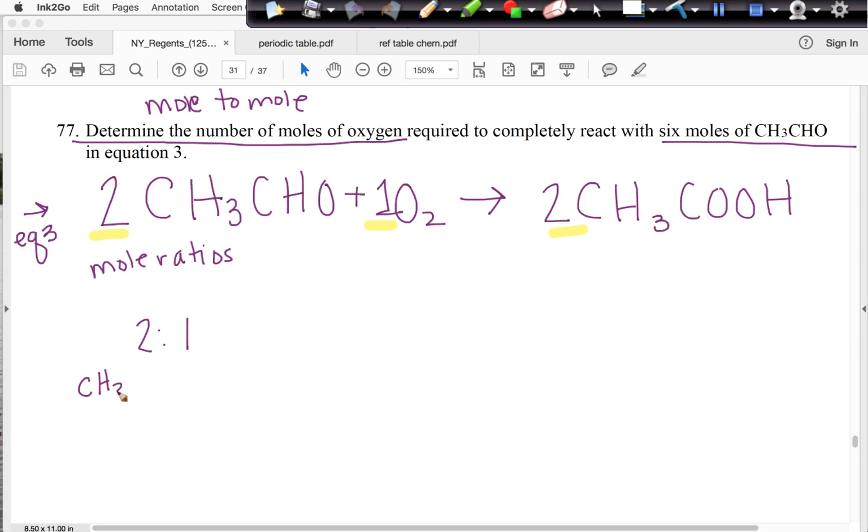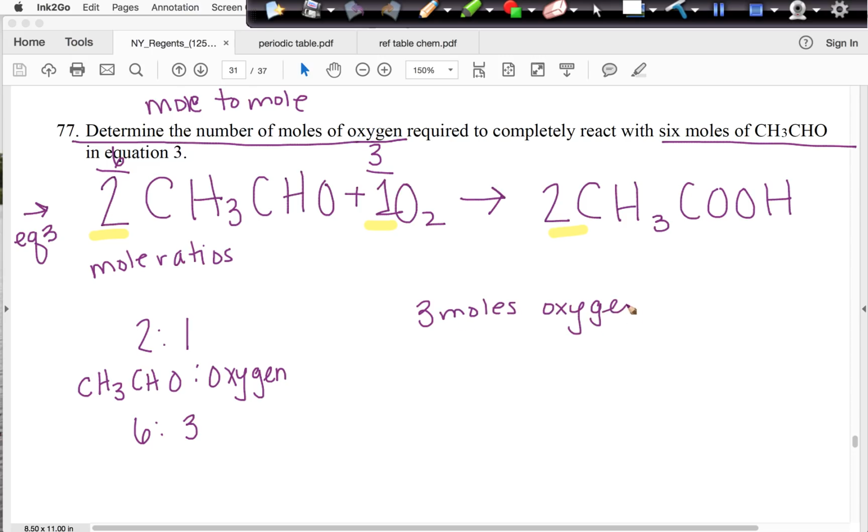So it's 2 CH3CHO for every 1 oxygen. So if they want 6 moles of this, then that would be 3 moles, because 2-to-1 would also be 6-to-3. So 3 moles of oxygen would be required.